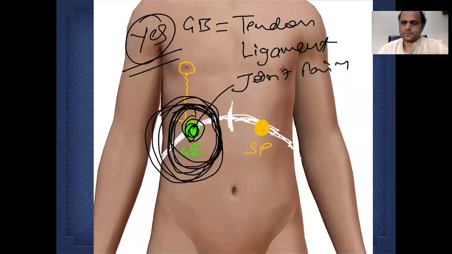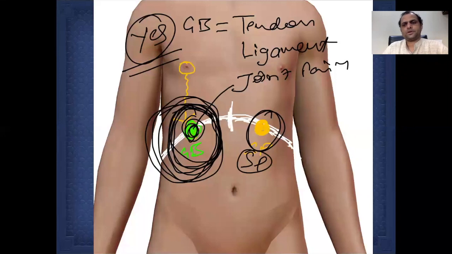In the same way, if we go on the other side, we can see the spleen is written here. One patient came to me with the problem of some indigestion and loose motion. I checked the abdomen all around. I found tenderness at this point, on this spleen point.